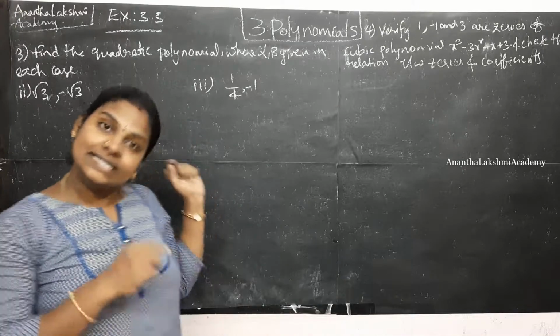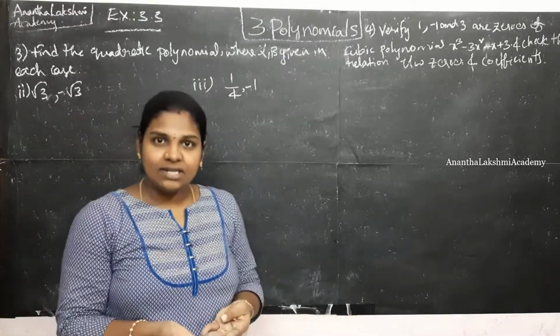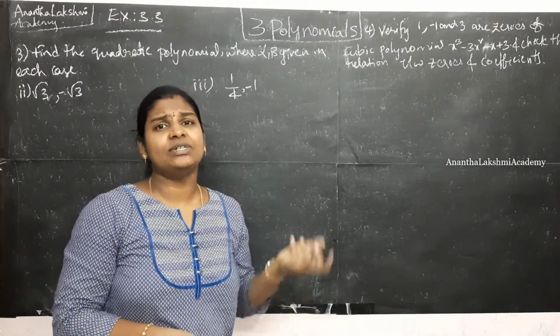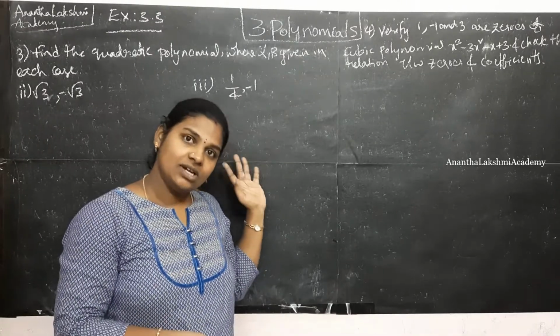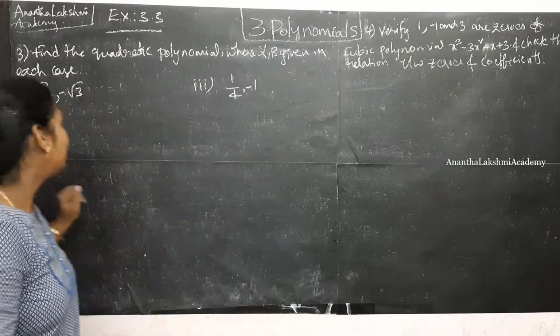So here, since the zeros, alpha and beta are given, we will be considering the sum of the zeros first, next product of the zeros, and then we will be substituting that in the equation and getting the quadratic polynomial. So let's solve that part first.